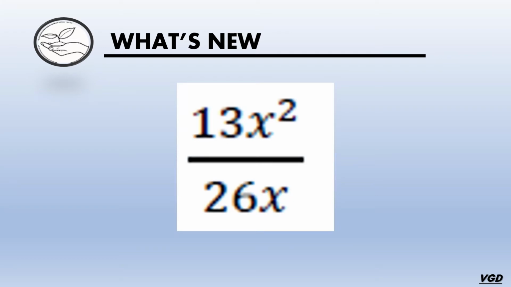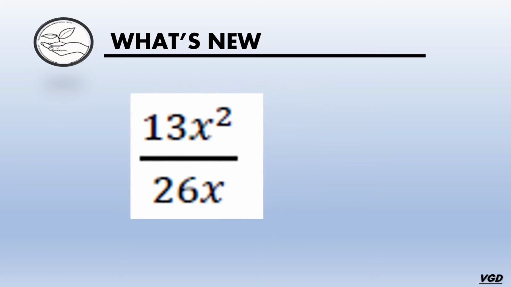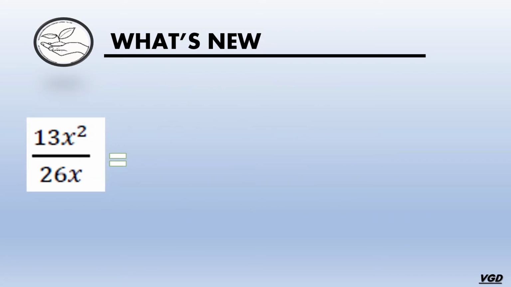Now let's proceed to number 2. We have 13x squared over 26x. So, to reduce 13x squared over 26x to lowest terms, all we have to do is just to factor both the numerator and the denominator.